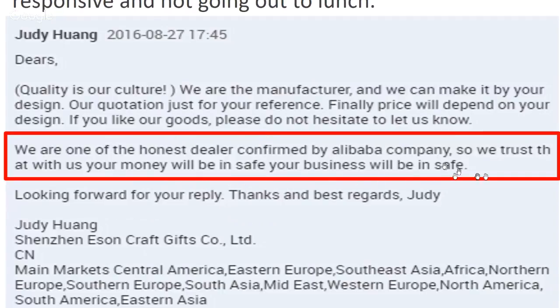What they're trying to say is, you can trust us, because we've been audited and confirmed that we're a real supplier by Alibaba, and you can trust us. Therefore, send us your money. All right, so I just found that a little bit humorous, but you will get some of these really strange terminology coming over, and the way they actually talk to you.